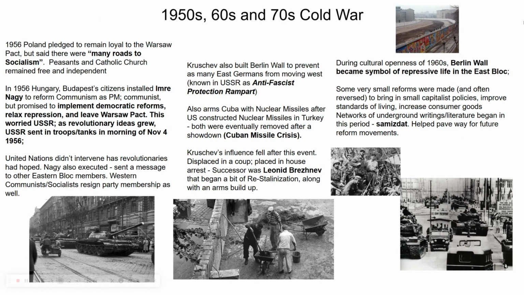Throughout the later 1950s and 60s, we see the Cold War nevertheless ramp up, even though Khrushchev was in power. In 1956, we see the idea of many roads to socialism spread throughout that part of Eastern Europe. Poland was always a resistant player in the game of communism in Eastern Europe. Some factions, some groups liked communism in Poland, some did not.